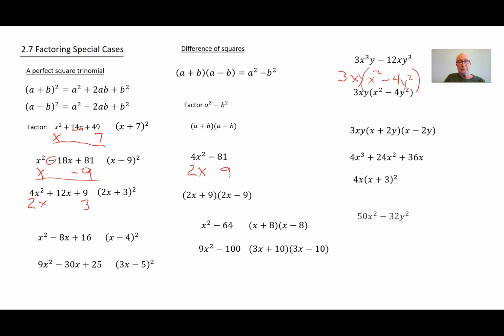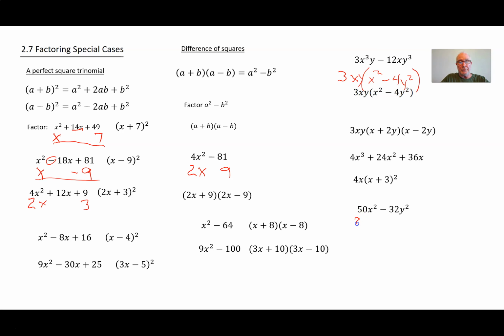Okay, here we go. Last one. 50x squared minus 32y squared. Pause the presentation, factor that, and then resume. Okay, in this one, we want to pull out a common factor. The common factor for this would be 2.